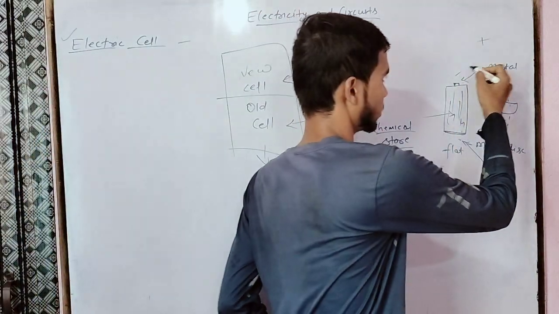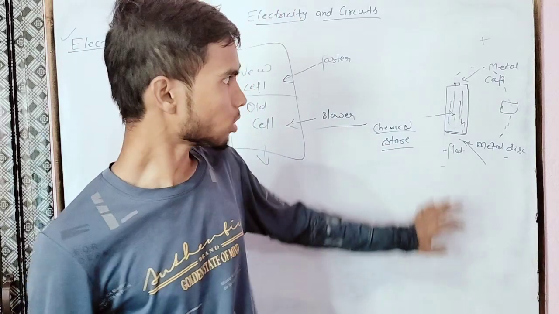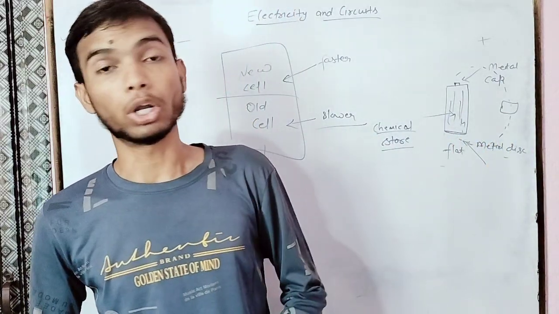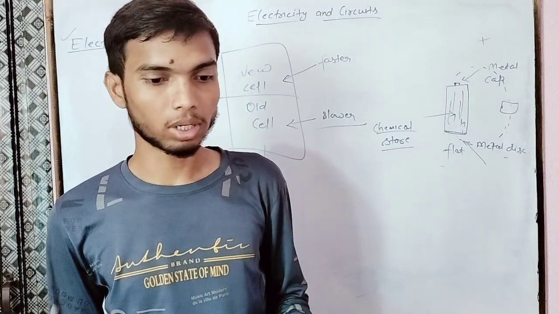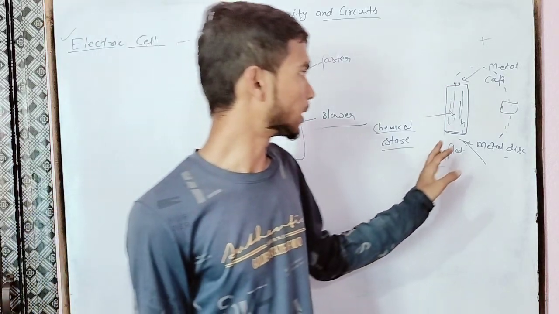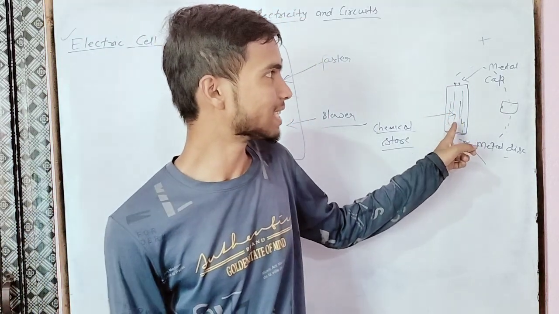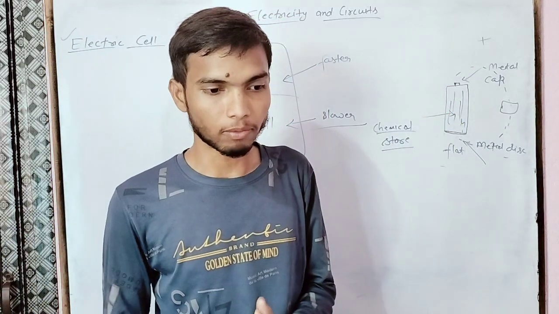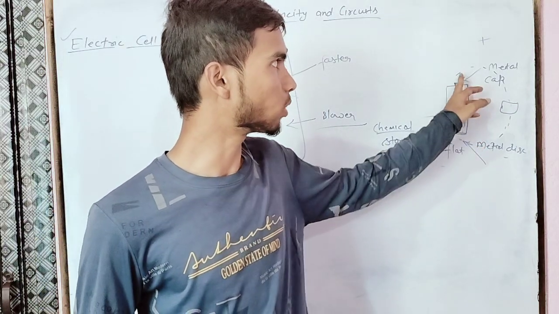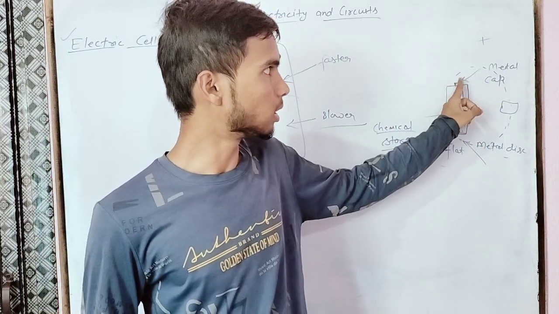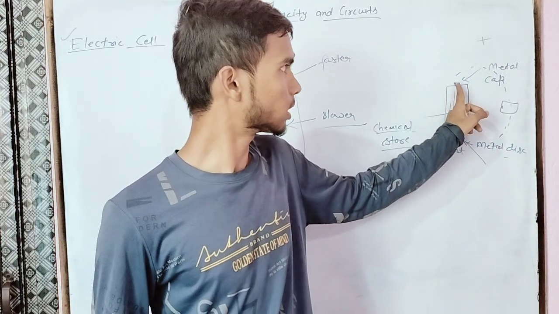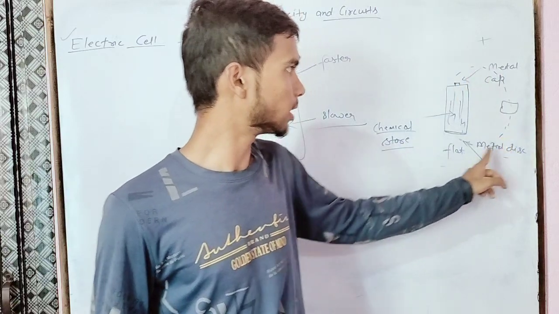Now, this wire. What is inside the wire? Electron, not proton. Electron is always available inside the wire, and here this electric cell will produce electricity from chemical storage. Then the electron starts moving like that, and then like that.